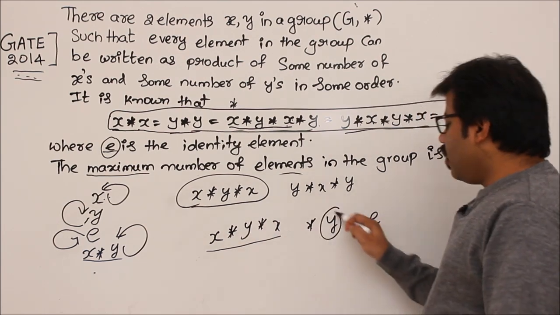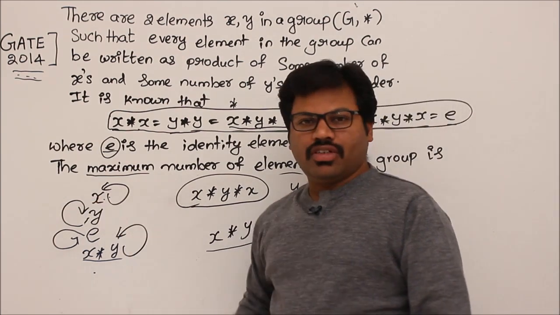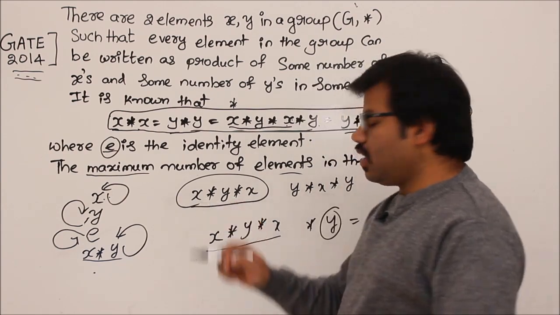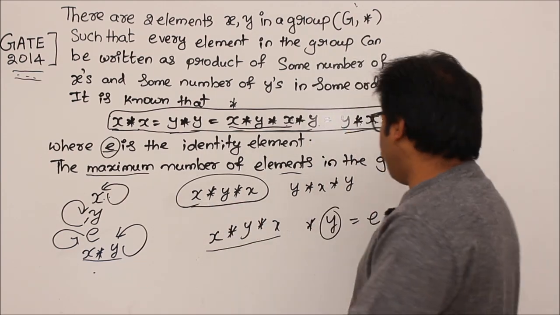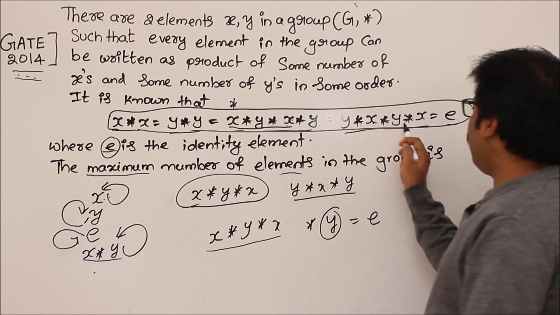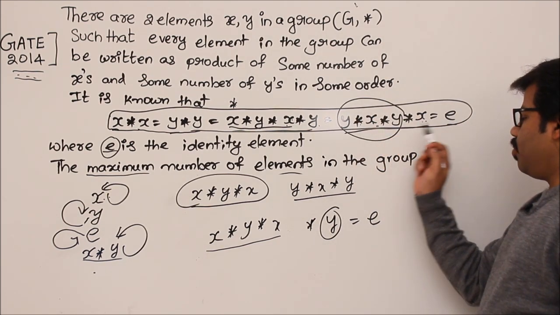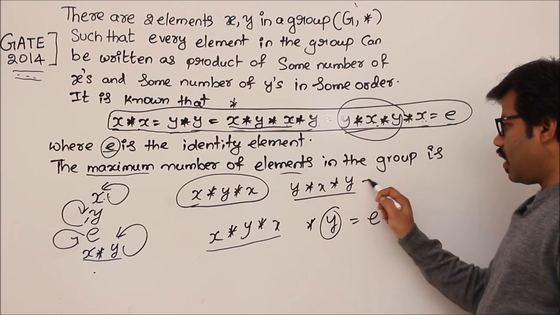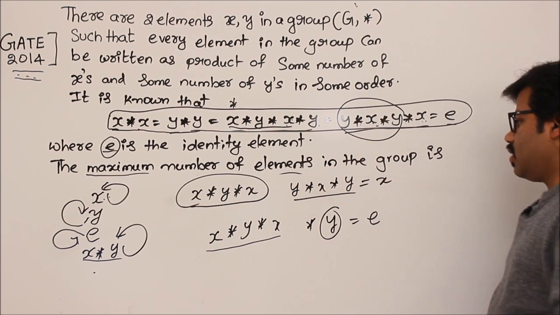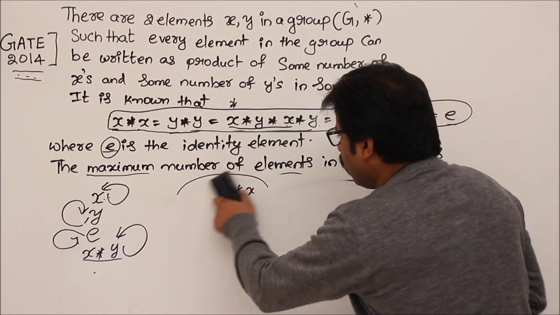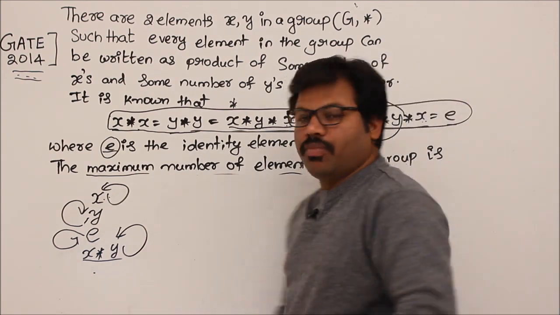Its inverse should be y, but y is a self inverse, correct? So then x star y star x cannot be a different element. Similarly, for y star x star y we have this one, and its inverse is x, but x has its own inverse. Then y star x star y is supposed to be x, correct? Now all 3 length strings are gone.